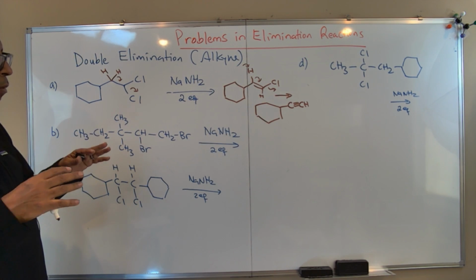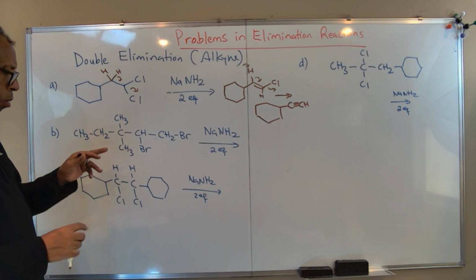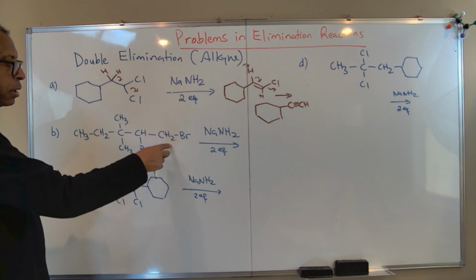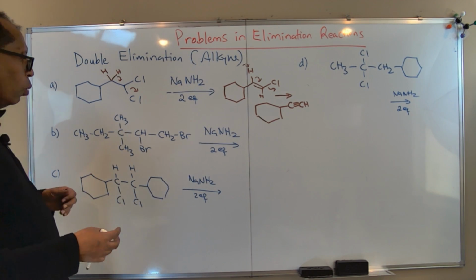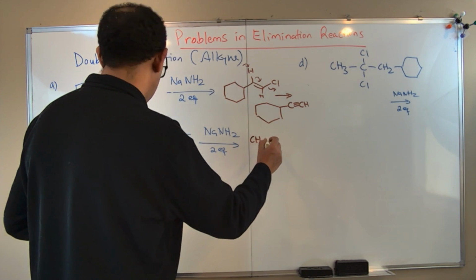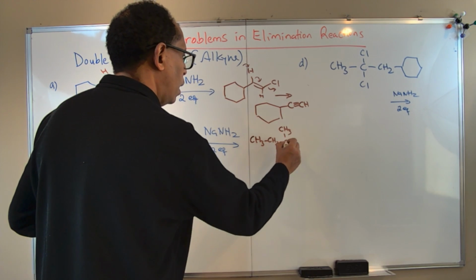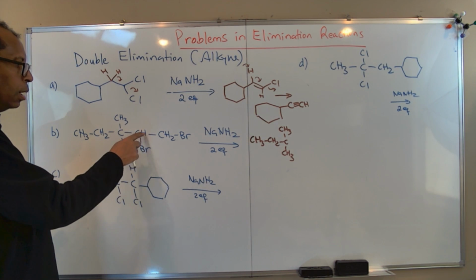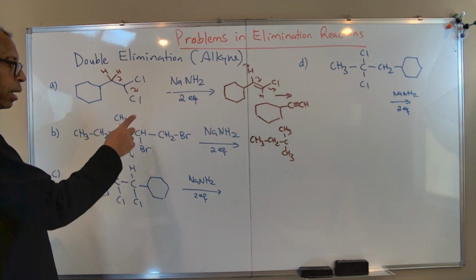Now, since we have two equivalents of the base, as well as two halides, either vicinal like this, or geminal like this, we can eliminate twice. So for this one, I will just give you the product. This would be CH3, CH2, CCH3, and you are eliminating twice because you have one hydrogen and one bromine that can be eliminated like that, and one hydrogen from this and one bromine.